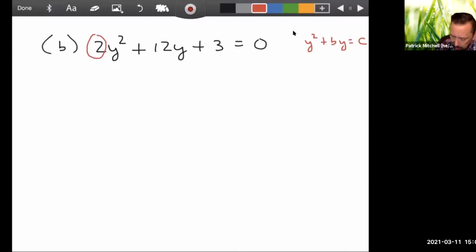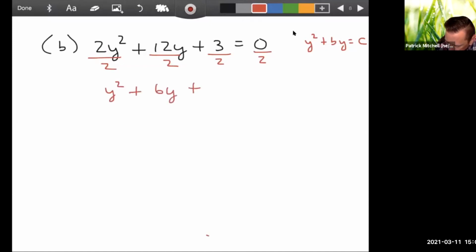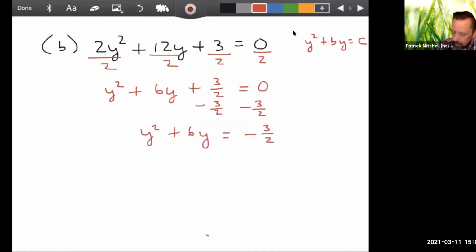The way we're going to do that is divide every single term in the whole equation by 2, which is going to give us y squared plus 6y plus 3 halves equals 0. And then we're going to subtract 3 halves from both sides, which gives us y squared plus 6y equals negative 3 halves.